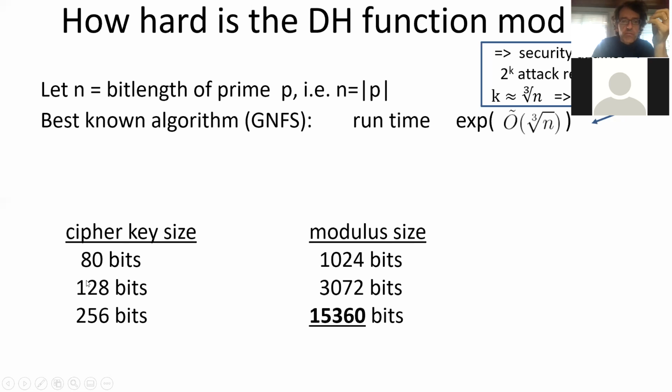Because if I increase the security parameter by, what is it, like 50%, so therefore k grows by 3 over 2, how big do you expect n to be? How much bigger? 3/2 to the cube, 1.5 to the cube, right?